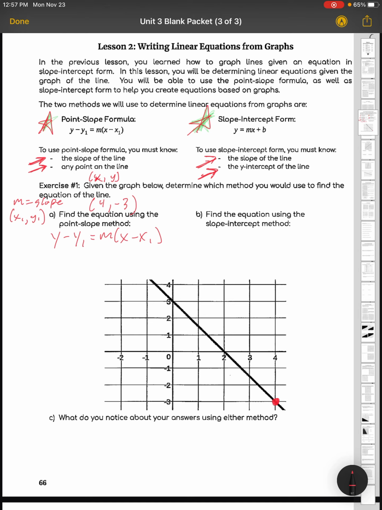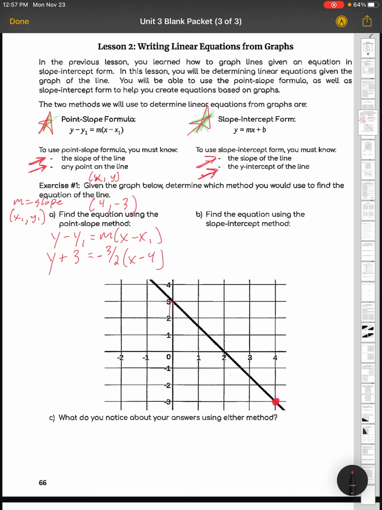So if we plug that in, we have y minus y1. So y minus -3. So be careful, it's a double negative. So y plus 3. And the slope is going to be, well, let's start at the y-intercept. We go down 3, to the right 2. So our slope is going to be -3/2. And then we have our x minus x1, which is 4.